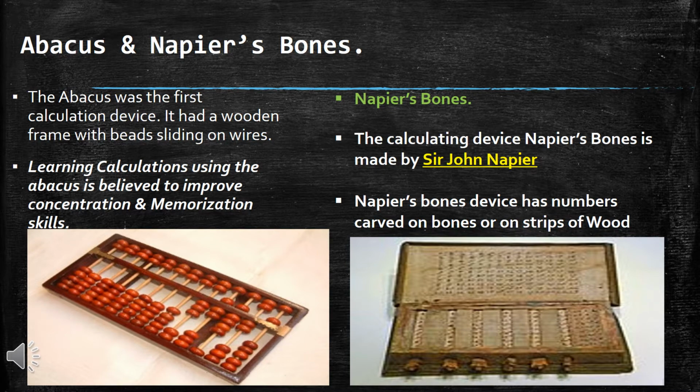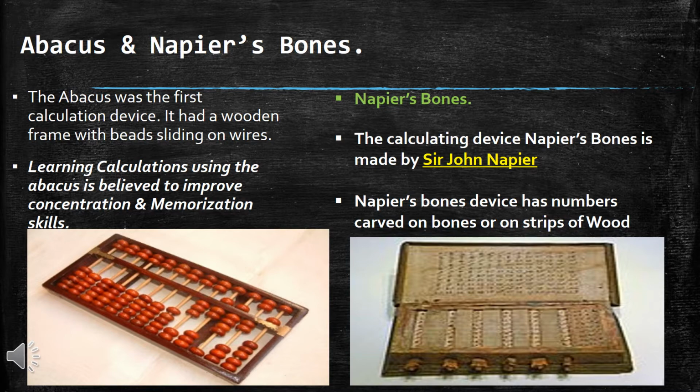Abacus and Napier's bones. First we are going to see the abacus. The abacus was the first calculating device. It had a wooden frame with beads sliding on wires. As you can see in the first picture, it had the wooden frame and beads to calculate.